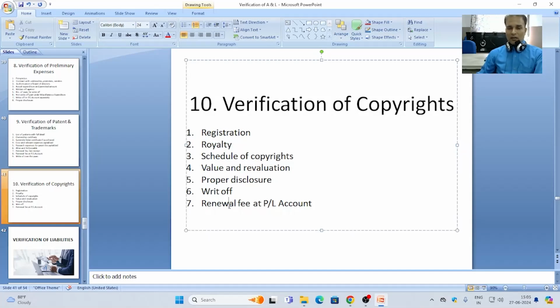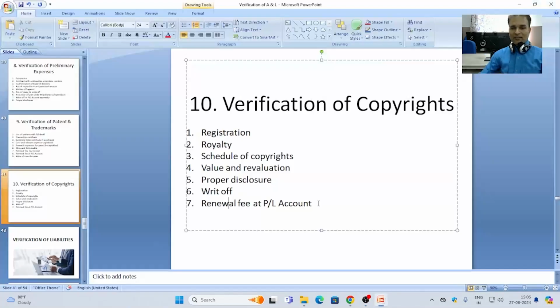If any renewal of copyright is there, then the renewal fee should be paid and the last pay slip should be checked by the auditor, and the auditor will also ensure that the renewal fee is shown on the debit side of the profit and loss account.